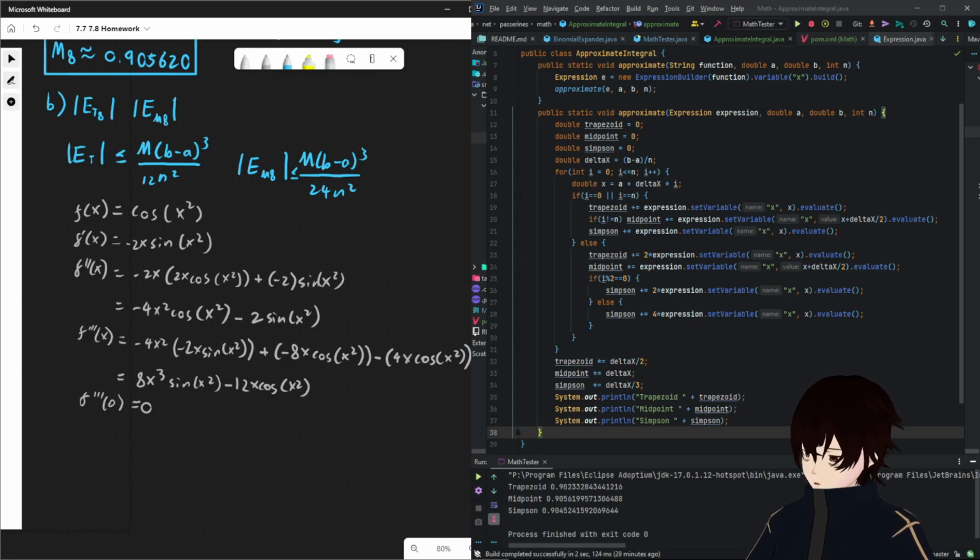There's 2 sine x squared minus 4 cosine x squared, 4x squared cosine x squared.